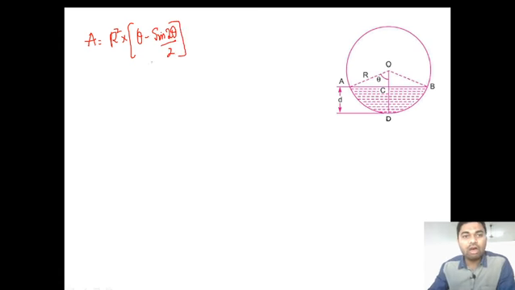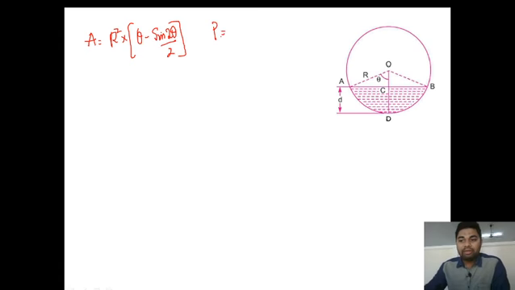This is the value of area of flow in a circular channel, and the wetted perimeter of a circular channel is given by 2r theta. The wetted perimeter is given by 2r theta, and the area of flow in a circular channel is given by r square into theta minus sine 2 theta by 2.